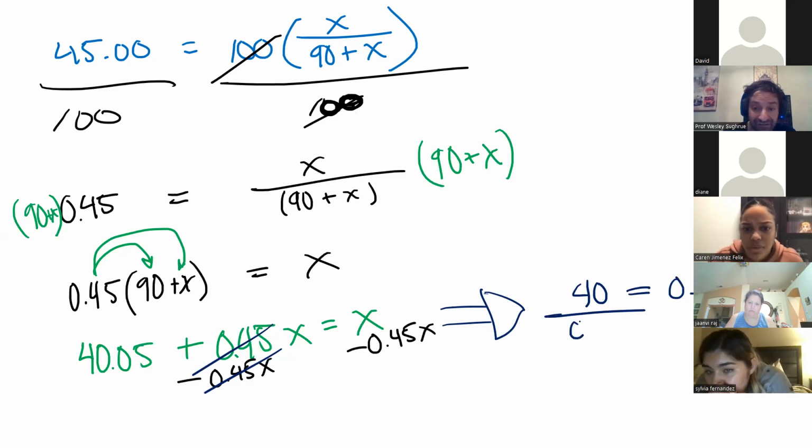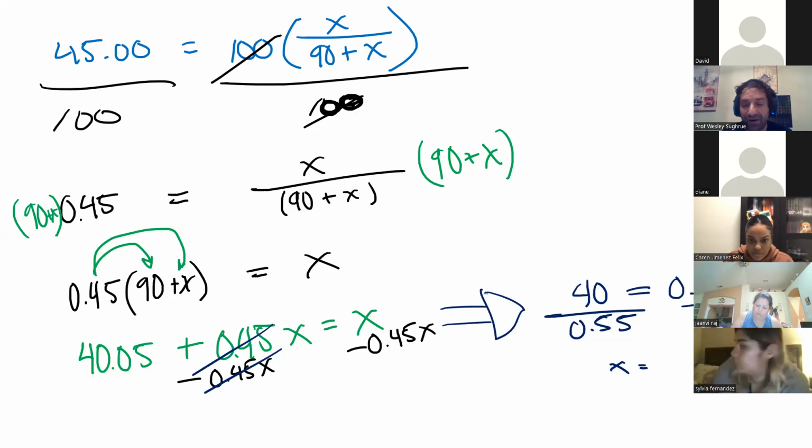Divide both sides by 0.55. And you get x is equal to, let's see, 400 over 55, approximately. Does that work for you guys?